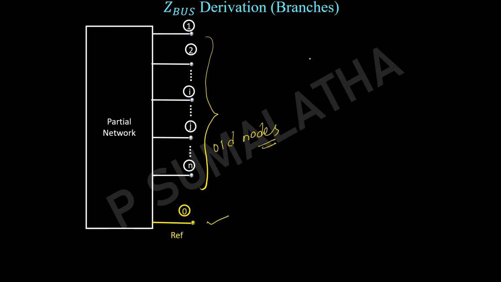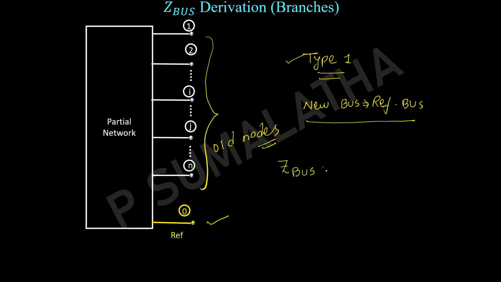If you recall the type 1 and type 2 modifications: type 1 modification, I have told you, is whenever you add an element between a new bus and the reference bus. In that case you need to form the Zbus matrix.